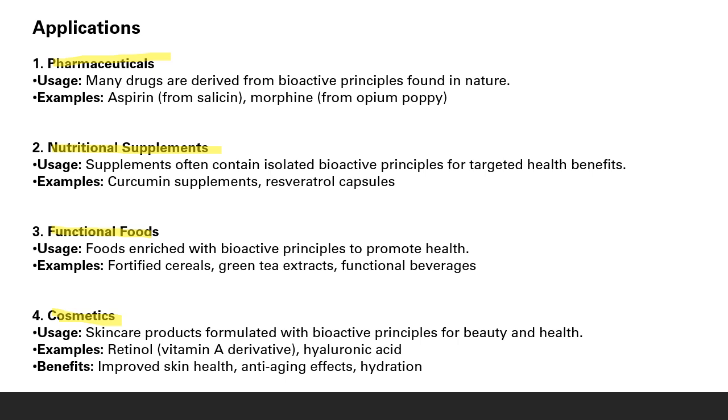Next is nutritional supplements. Supplements often contain isolated bioactive principles for targeted health benefits, for example curcumin supplements, resveratrol capsules, etc. They enhance our health, have preventive properties against a particular disease, and specific therapeutic effects.